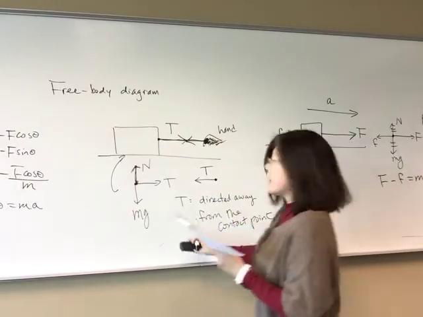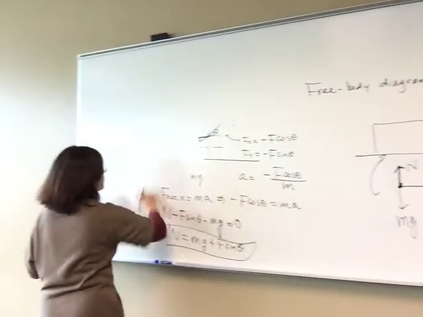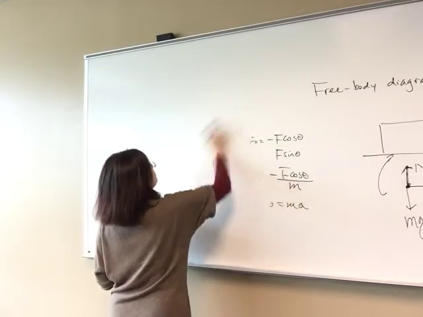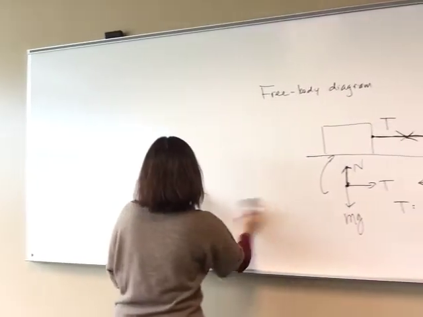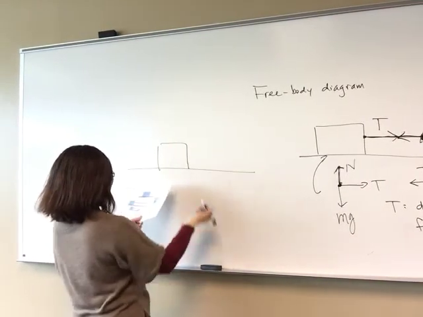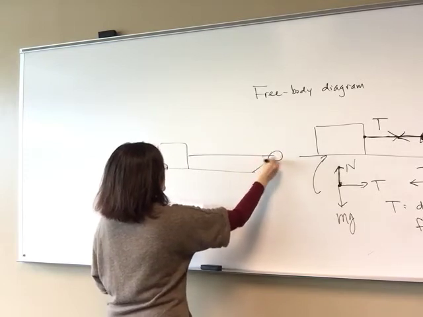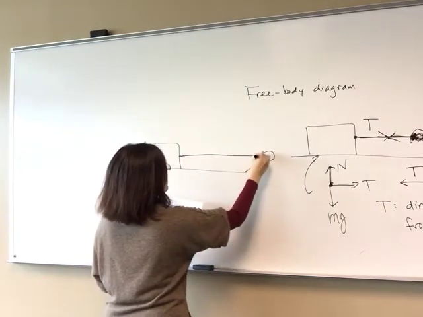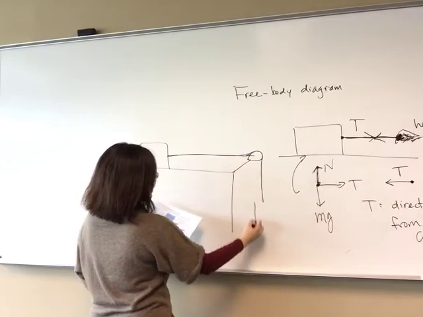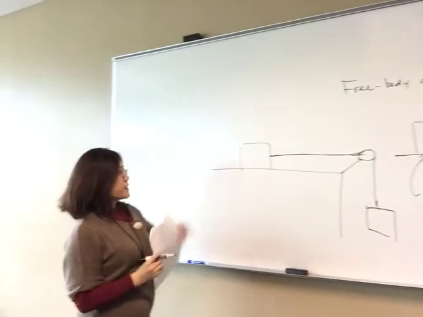All right, what about another example? Again, you have an object tied to a rope, and then over a pulley, and then there's another object right here. In that case, how many forces are acting on this object?